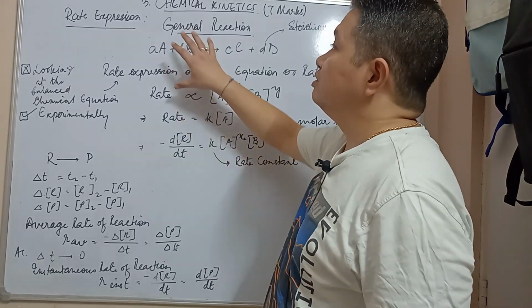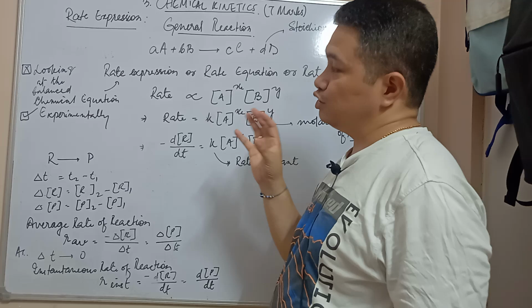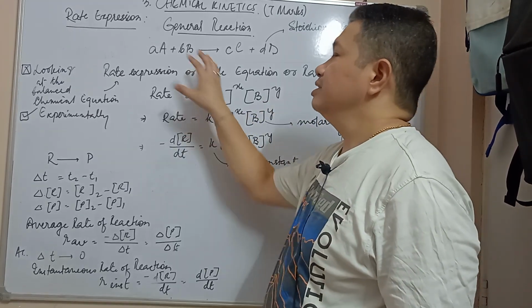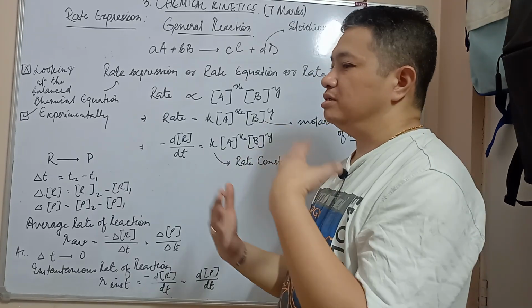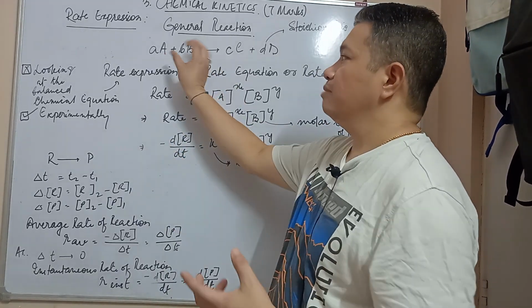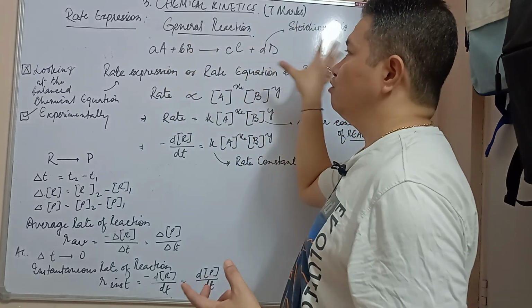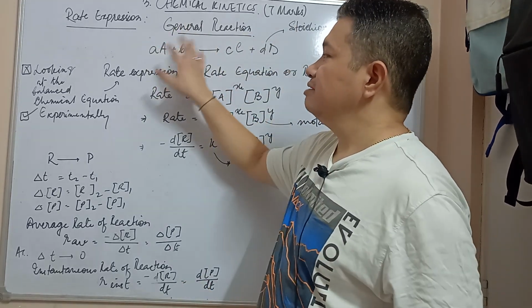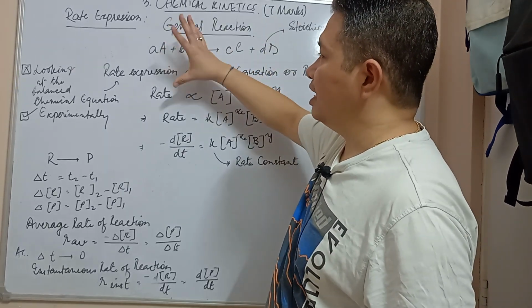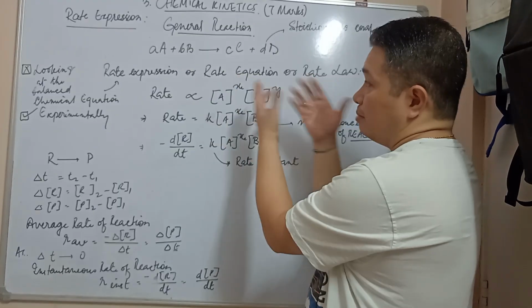Now see a general reaction, rate expressions and rate equation or rate laws. In a reaction, the reactants come to react and the products come to form. The left side has the reactants and the right side has the products.